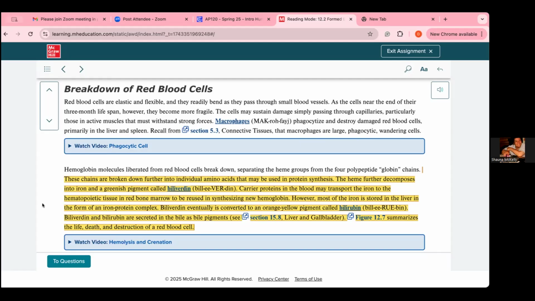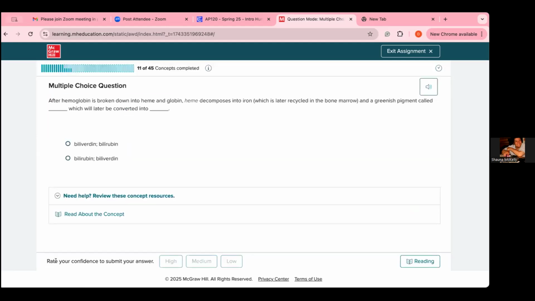Okay. So biliverdin is the green one, and bilirubin is the orange-yellow pigment. Okay, let's go back. So the greenish pigment is biliverdin, which gets converted to bilirubin.